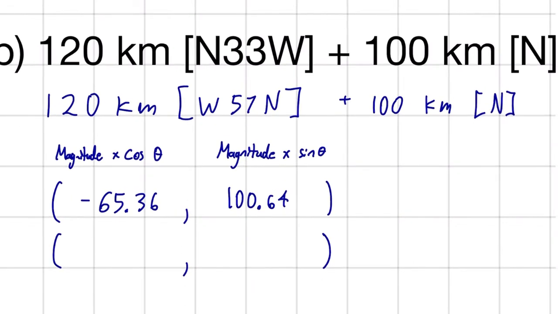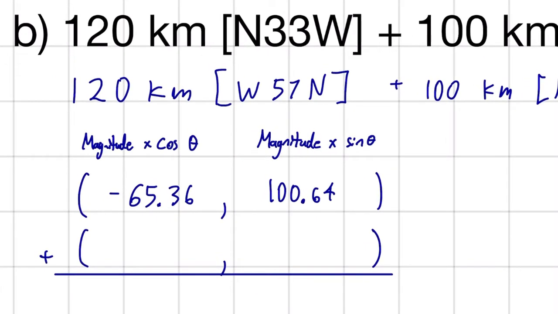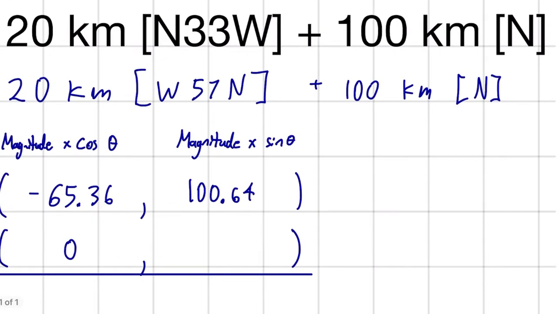And then moving on to our second vector, the one that we're going to be adding. Well, in the east-west direction, there's 0. And in the north-south direction, well, it's going to be 100.